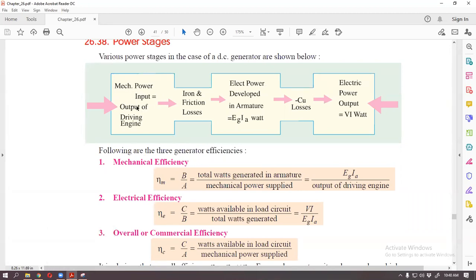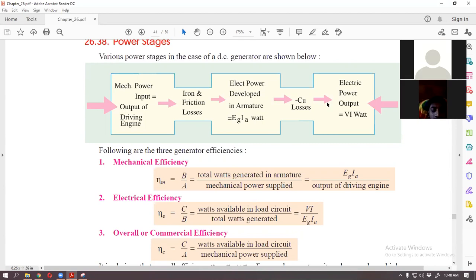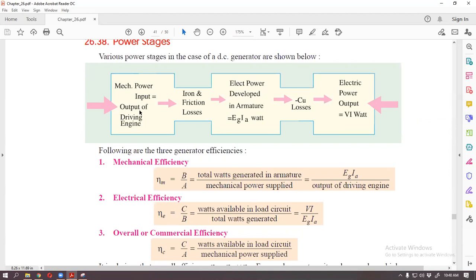Electric power developed is the input of this part. Now from this part to this part, this is the input and this is the output, the mechanical and magnetic part, and this is the electrical part. Overall, for the full generation, this is the main input and this is the main output.